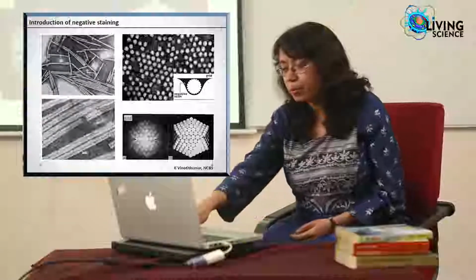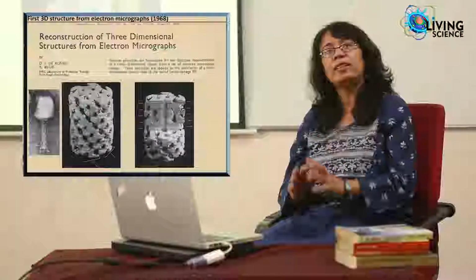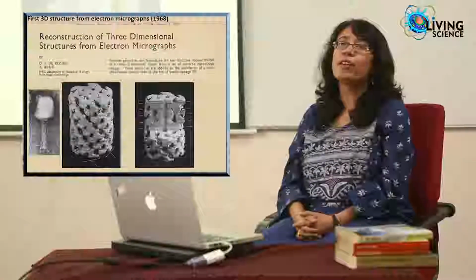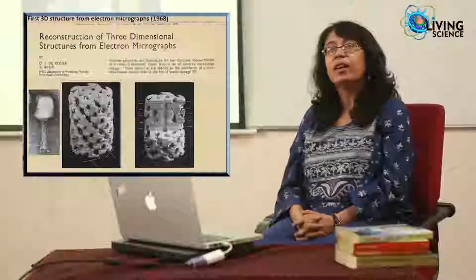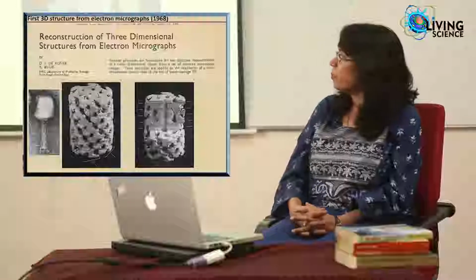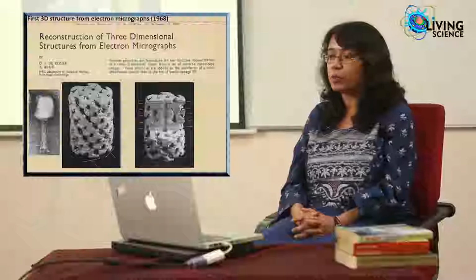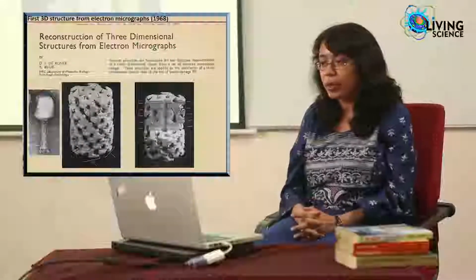At this point, people were also trying to figure out how to look at these images that are being collected in 2 dimensions, or 2D, and try to generate a volume density in 3 dimensions, or 3D. One of the first works in this field was by David DeRosier and Aaron Klug, who could reconstruct the bacteriophage T4 tail structure from 2D electron micrographs.